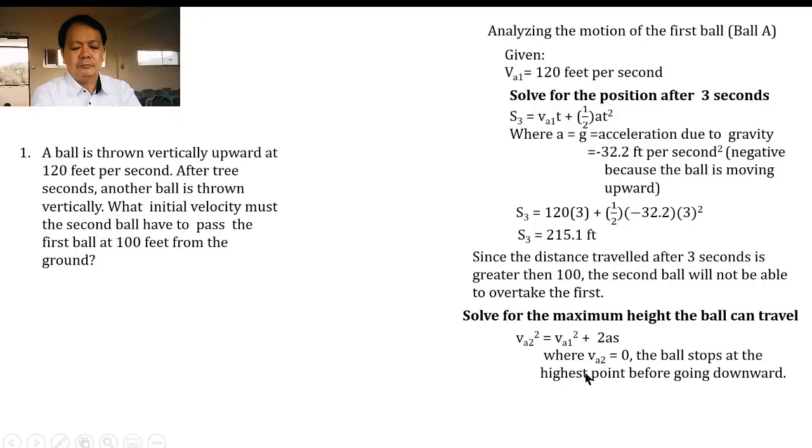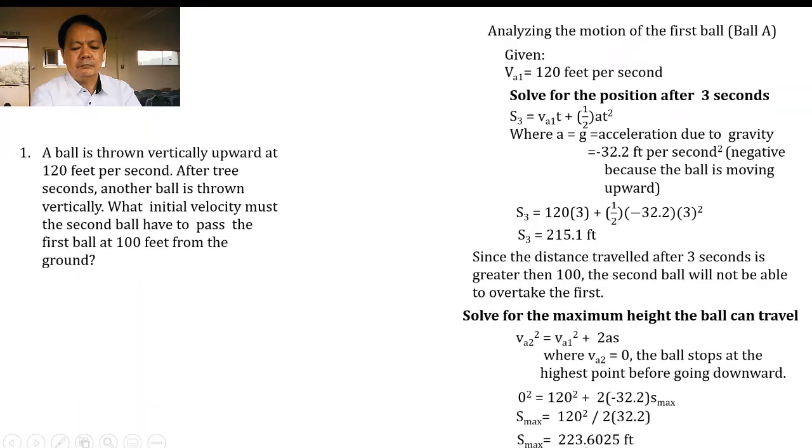Diba? Kaya, if we are going to substitute v sub a2 equal to 0 here, then we shall be getting the maximum height. The s max, the maximum height that the ball could travel given the initial velocity of 120 feet per second, you will be getting an s of 223.6025.